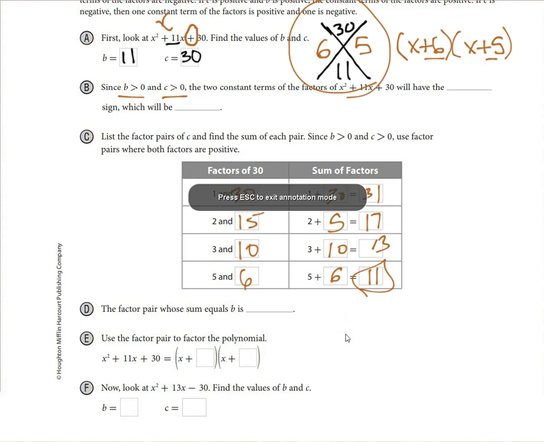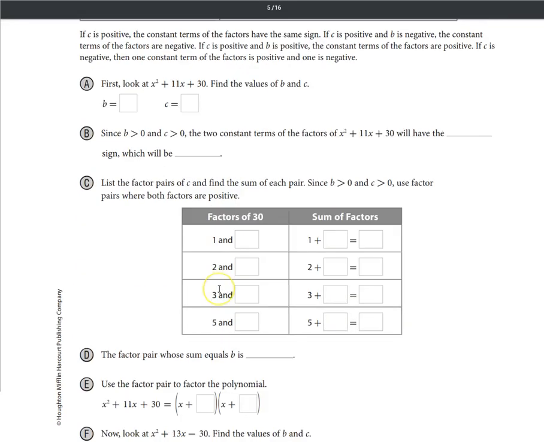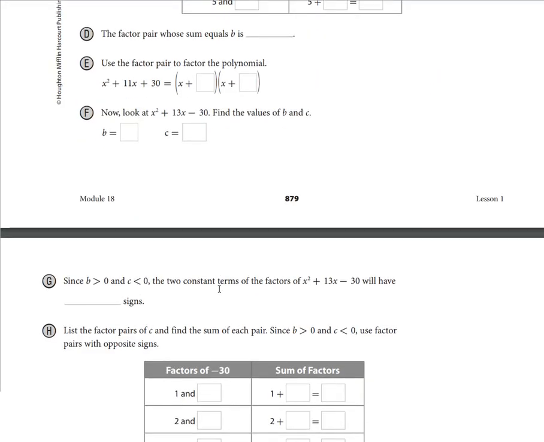So the factor pair whose sum equals b is 5 and 6. That means we can factor that trinomial, as we have already done, into x plus 5 times x plus 6.